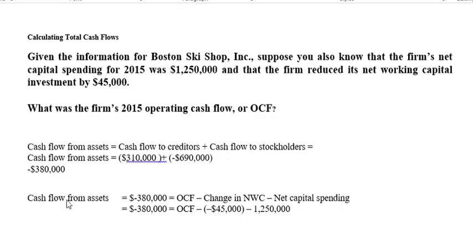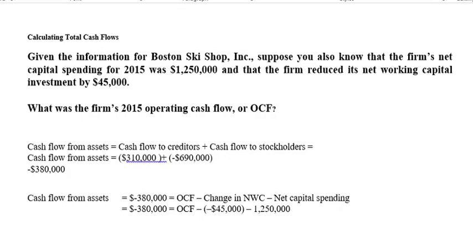So we're kind of losing money. Now our cash flow from the assets is equal to minus $380,000, which in turn is equal to operating cash flow minus the change in our net working capital, minus our net capital spending.